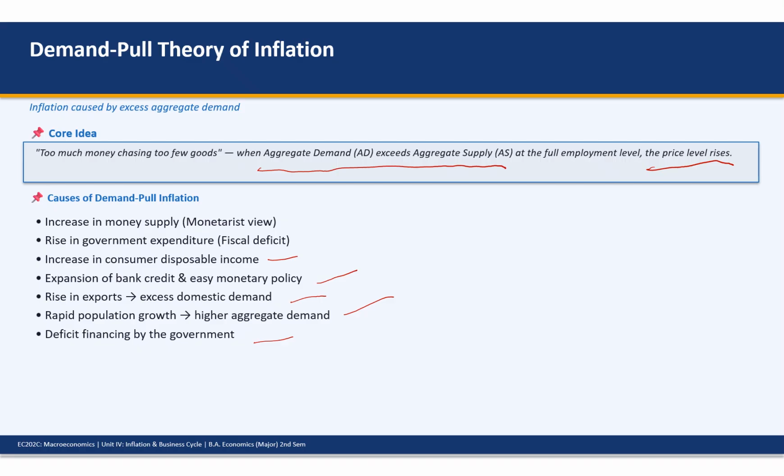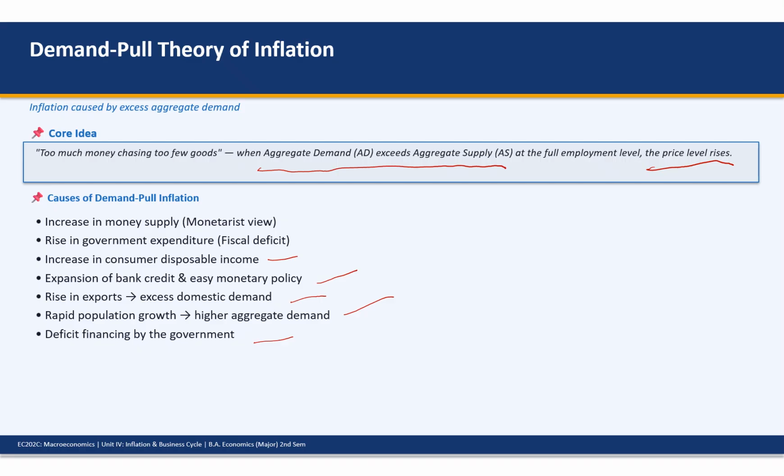Now, if I have to explain the demand pull theory of inflation in very layman terms, I would say when households, firms, and governments all try to buy more goods and services at the same time, but the production does not rise enough, so the prices go up. So demand pull inflation is basically a situation of excess demand.